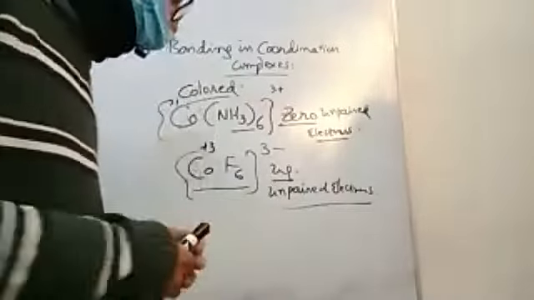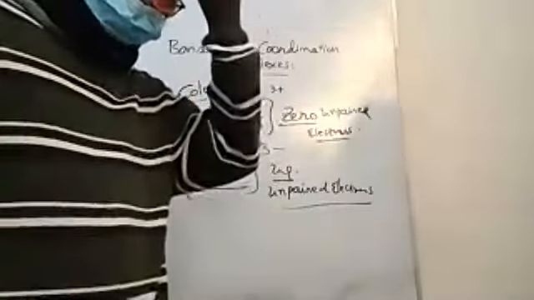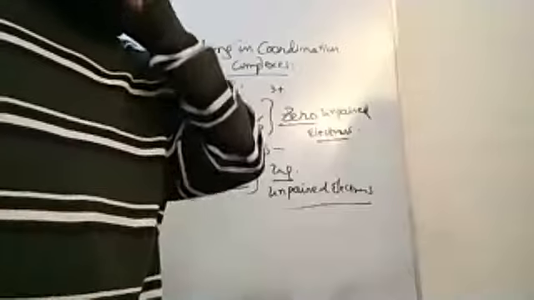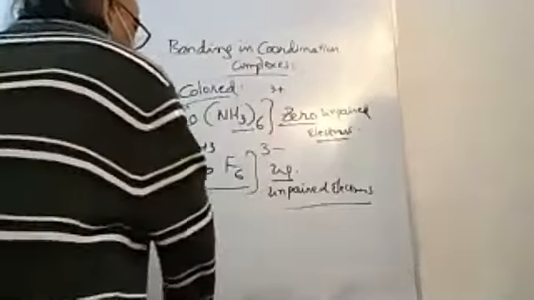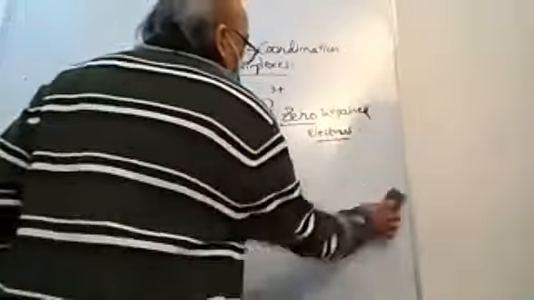So how do people measure this? I'll just quickly spend a minute about the magnetism, because it's again a very important aspect of the coordination complexes. Magnetism is measured by calculating what is called the magnetic susceptibility.